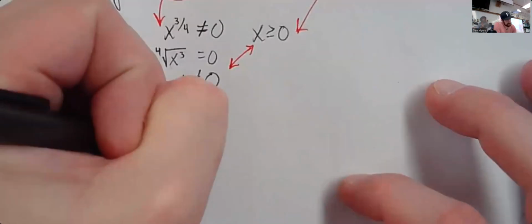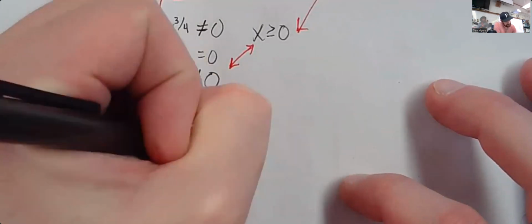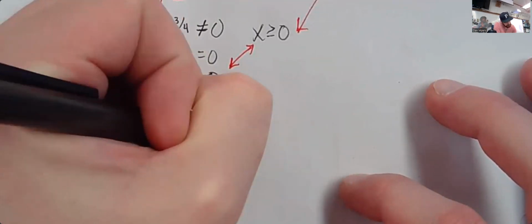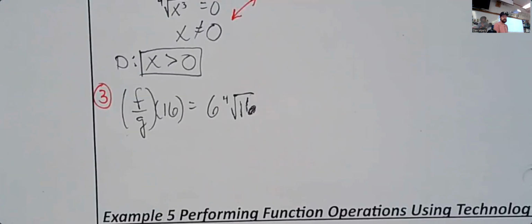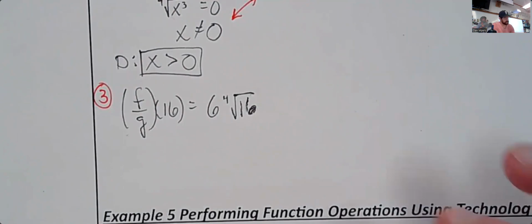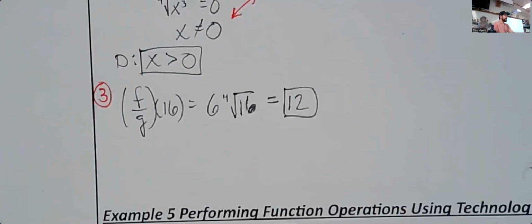So this will be 6 times the 4th root of 16. What's the 4th root of 16? 2. What's 2 times 6? 12. All right. So again, the evaluation part, not bad. And that's certainly greater than 0, so that works just fine with our domain.